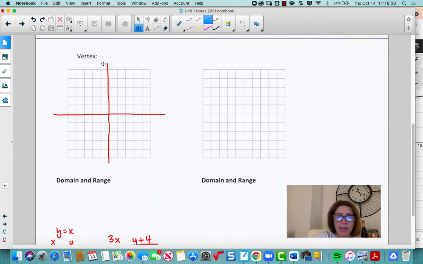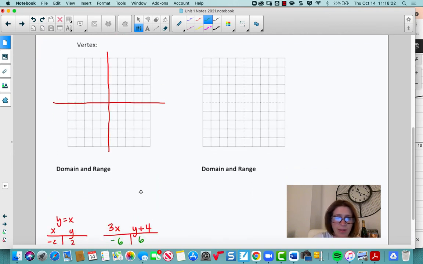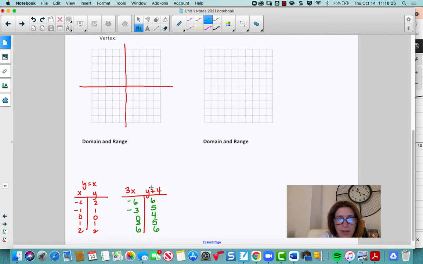Okay, now I've got 6 on here, so I'm actually just going to leave it because I can. So let me give myself some room here. So negative 6, 1, 3, 4, 5. So 6, negative 6, 6. Right about there.